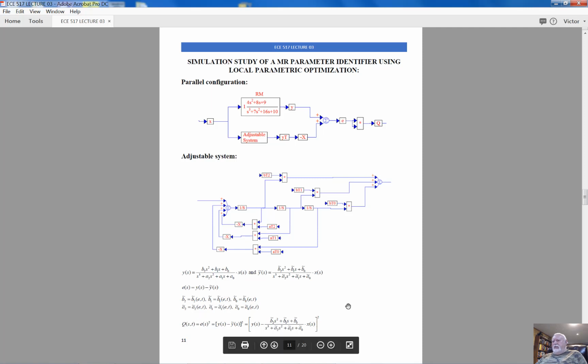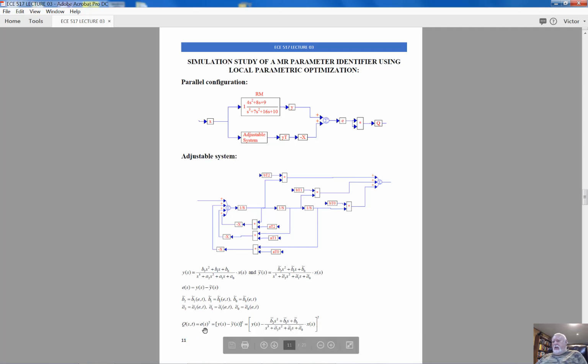And now you can see the adjustable parameters beta 2, beta 1, beta 0, and adjustable parameters alpha. Alpha 2 is a function of error and time, alpha 1 is a function of error and time, and alpha 0 is a function of error and time. And this is the criterion defined here.